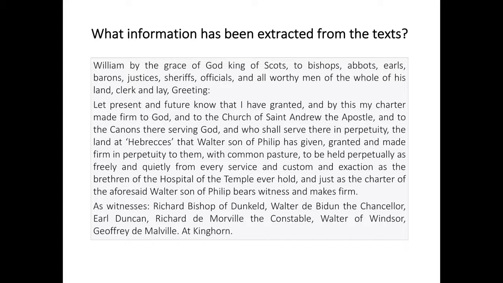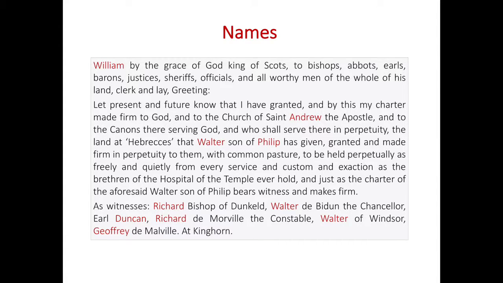The kinds of things that have been extracted from the text include names, titles and occupations, places, the particular conditions for which the land is held, as well as the roles of people within the document, like witnesses, the grantor and the beneficiary.